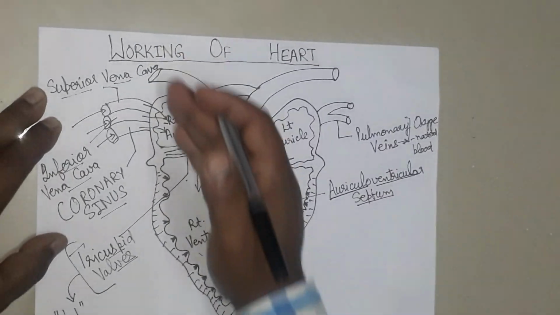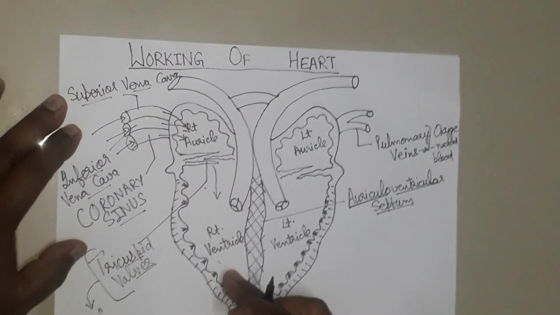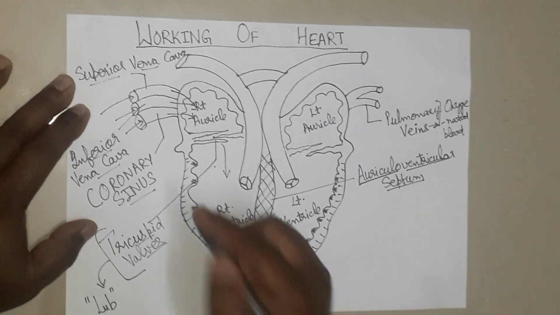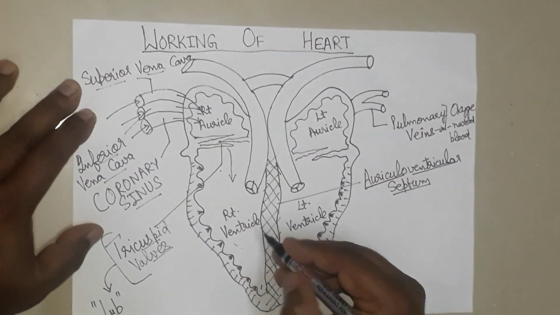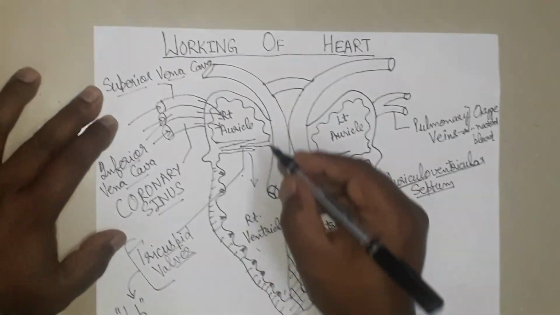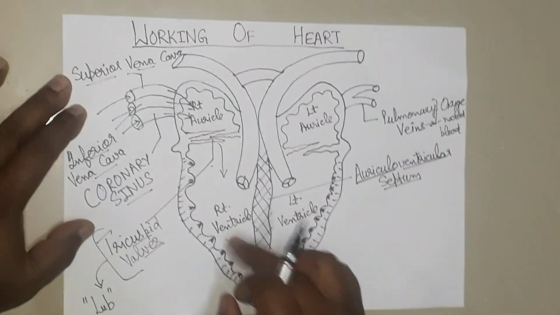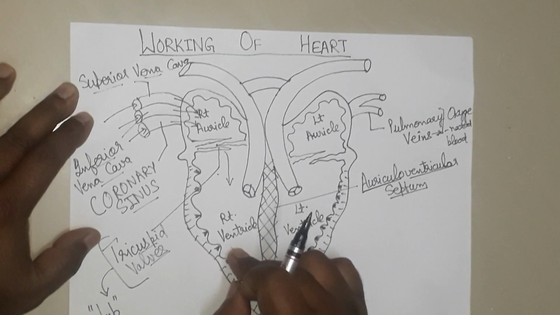Clear? This is one side, the right side. So the right side always receives the deoxygenated blood. Then when these valves are closed, the blood in this chamber is under pressure.